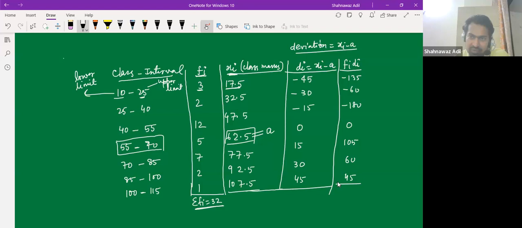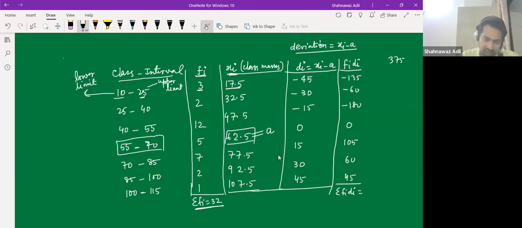Now let us add these numbers, so we have to calculate the summation of fi di. First we calculate the negative numbers: 135 plus 60 plus 180 is 375.